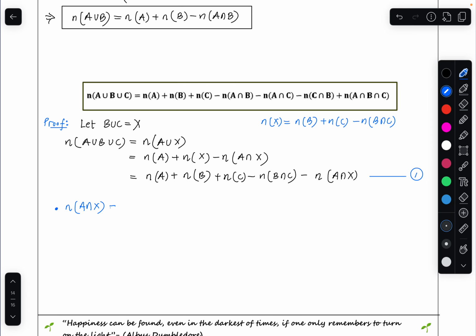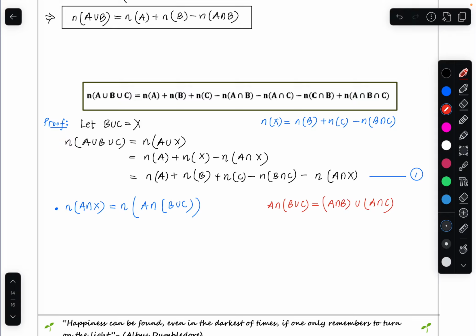But then X, as we had mentioned earlier, was B union C. So what we have is A intersection B union C. And here is where the distributive property comes into play. The distributive property, if you remember, says A intersection (B union C) is given by (A intersection B) union (A intersection C).